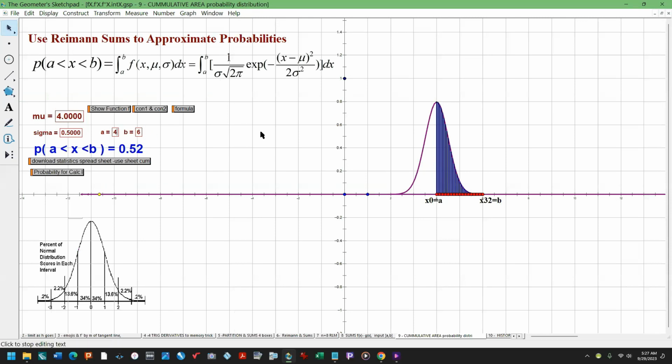Let's make it go from 3.5 to 4.5, and I think it rounded it automatically there. Okay, so 3.5 to 4.5 should be within 1 standard deviation. That should give us 34 plus 34 is 68%. So, one more.